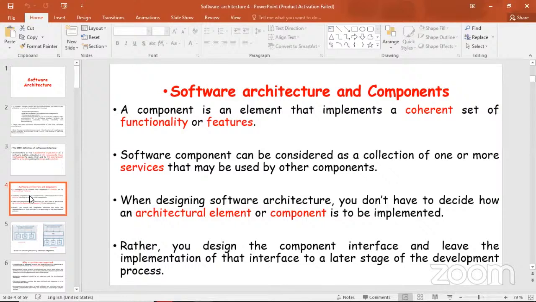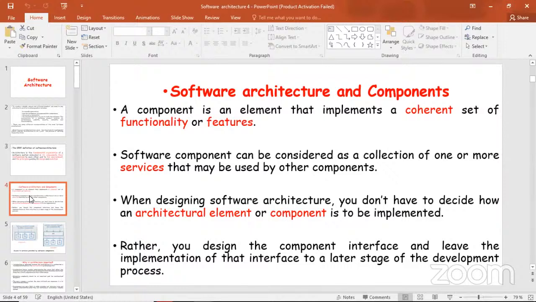For a starter, a component is an element that implements a coherent set of functionalities or features. I'm sure when we're doing feature scenarios and stories, you know what features are and what functionalities are. Now, a software component can be considered as a collection of one or more services that may be used by other components. Listen to that.